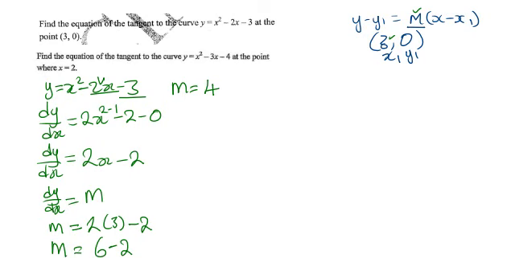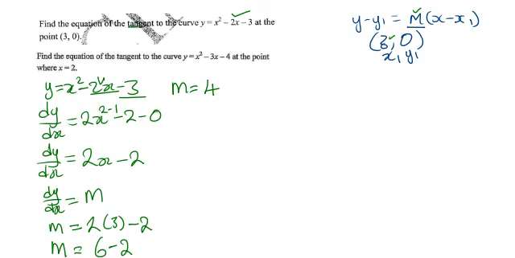Now when you reach this point, you have to understand that this gradient that we have found is the gradient for the curve. One thing you need to master is the equation of the tangent.